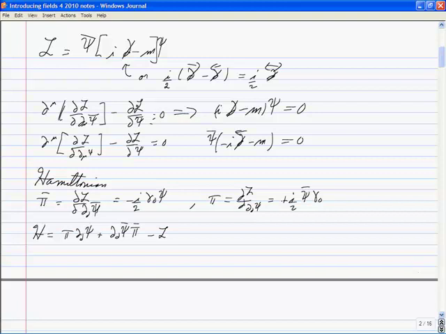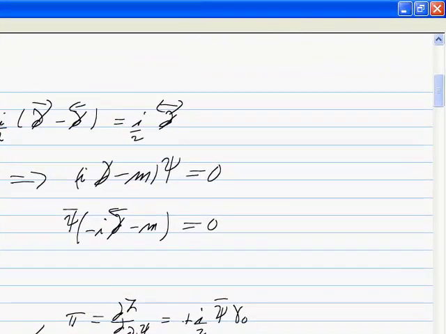Let me write out the answer and see if you can see how it might come about. So it's the spatial pieces, minus i gamma dot del plus m, psi. Okay, so the time pieces cancel.